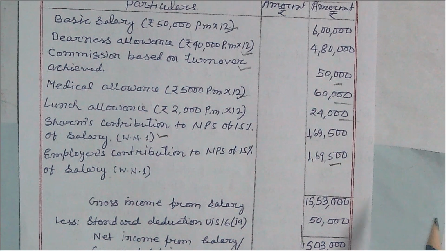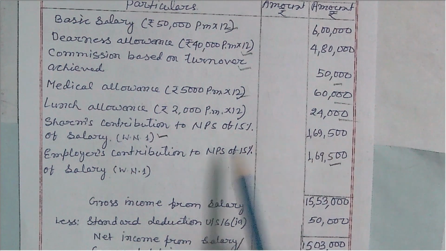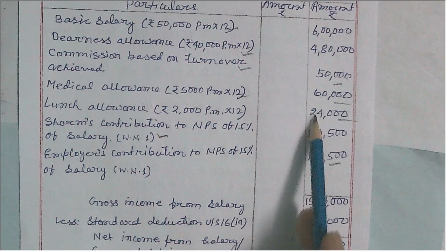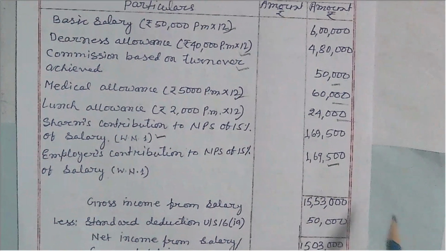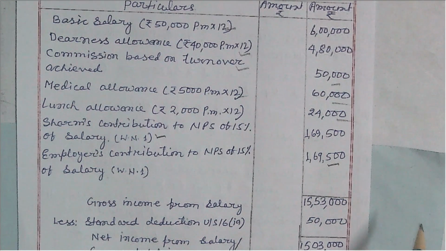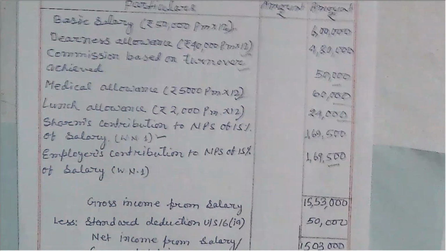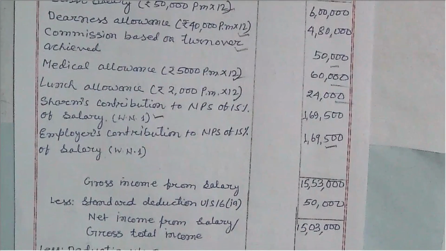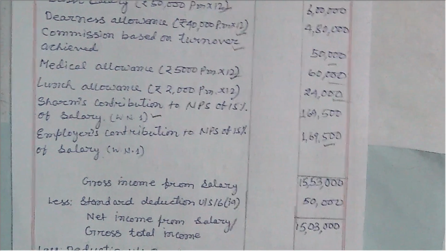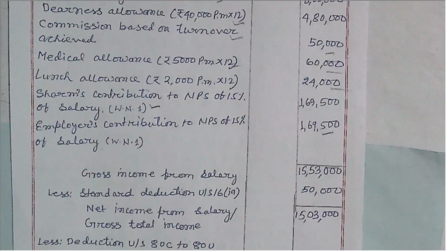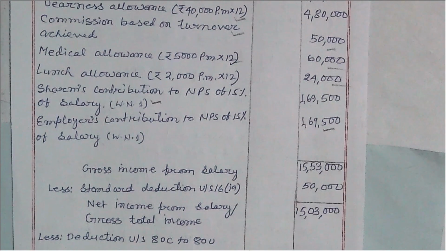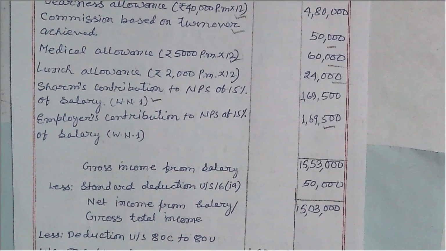First we have to add this amount of employer's contribution while calculating gross income from salary, and thereafter under Chapter VI-A, that is under section 80, we have to claim deduction. First you need to add this amount in gross income from salary, and subsequently it is eligible for deduction, on the basis of the provision that is explained.